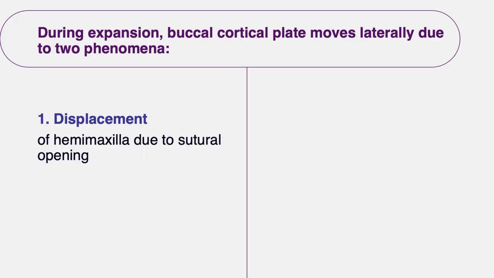So far, we have been using the phenomenon of displacement, when the hemimaxilla is moved in space spontaneously in response to application of the force and the suture, to address the transverse problem.